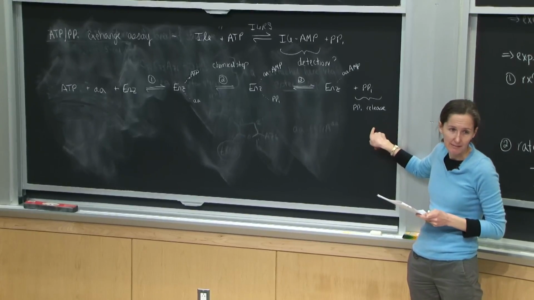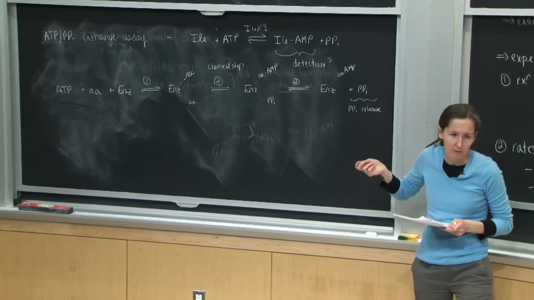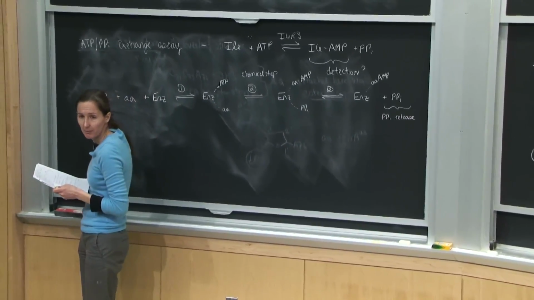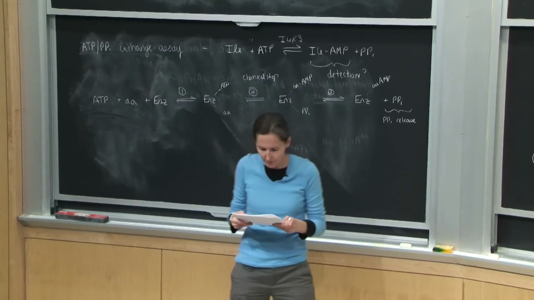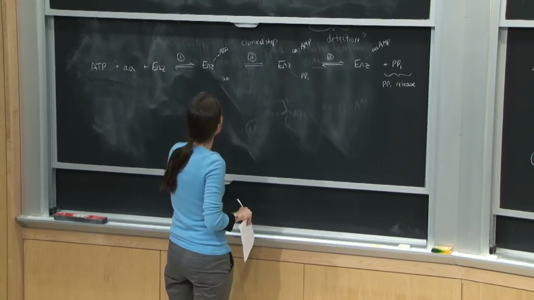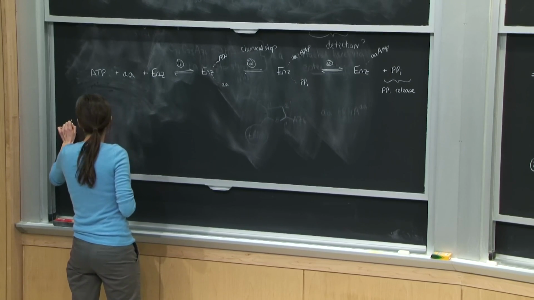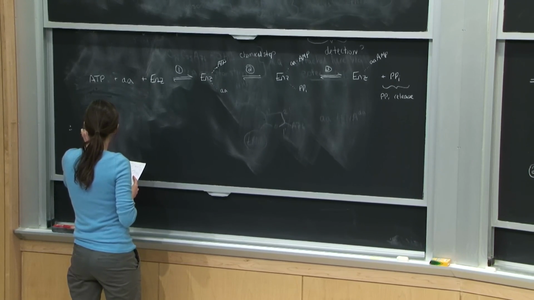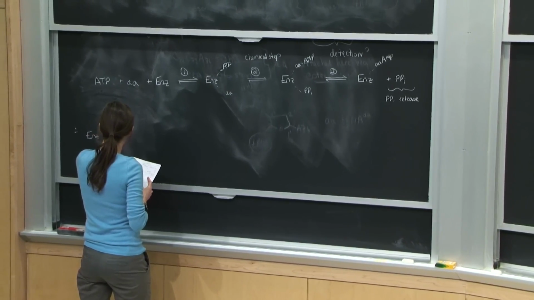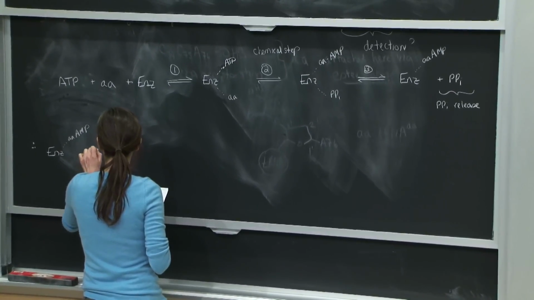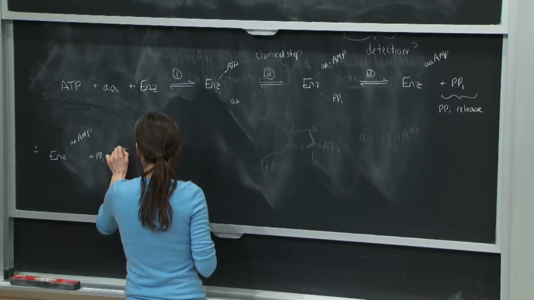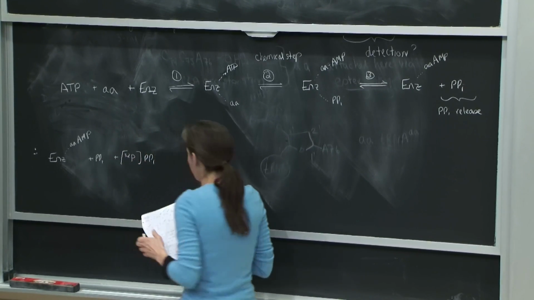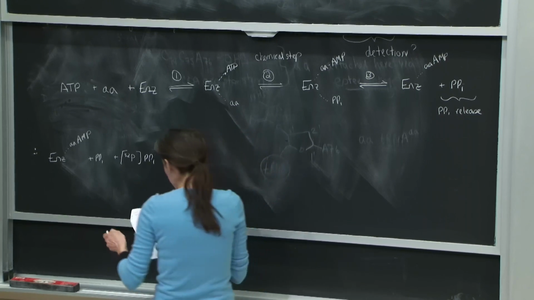If the PPi is released and we spike this reaction with radiolabeled PPi and work our way backwards, will the radiolabel end up here in the ATP? Okay, so this is going to be going backwards, right? We've left off with this enzyme with the aminoadenylate bound. We have the PPi that was released. And then we spike this reaction with our radiolabeled or hot PPi.